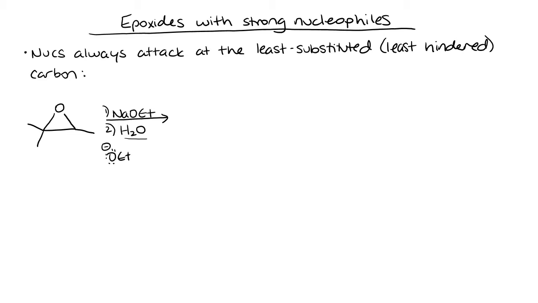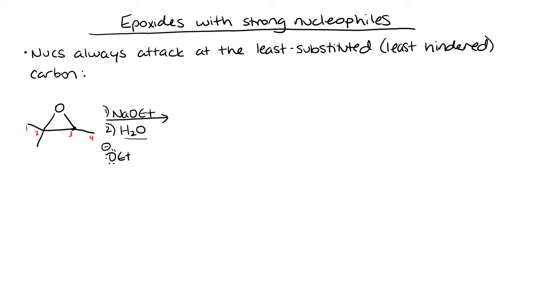Okay, so now for our nucleophilic attack with the strong nucleophile, the ethoxide is going to attack the least substituted carbon, which is going to be the one right here. Now it really helps in these cases to number your carbons, just so you can keep track of where everything's going after you break open the ring. Okay, so I'll just number the 4.